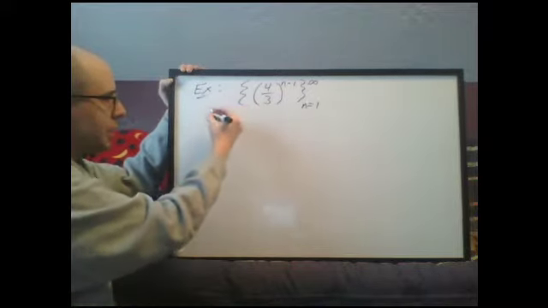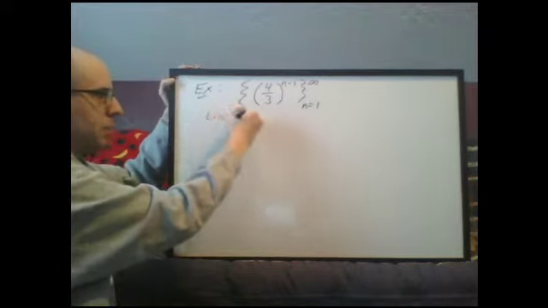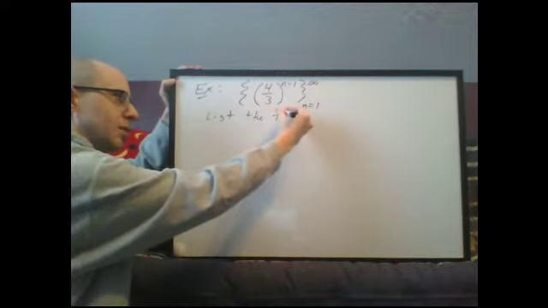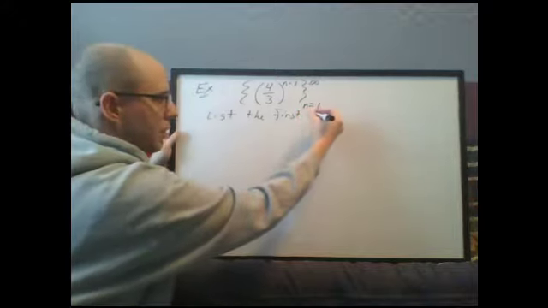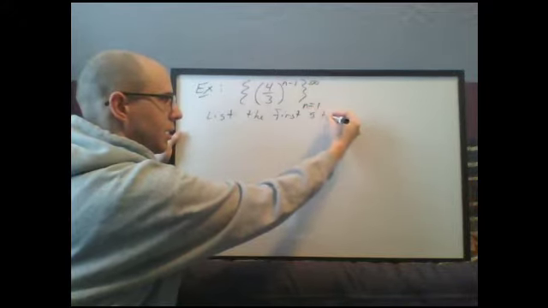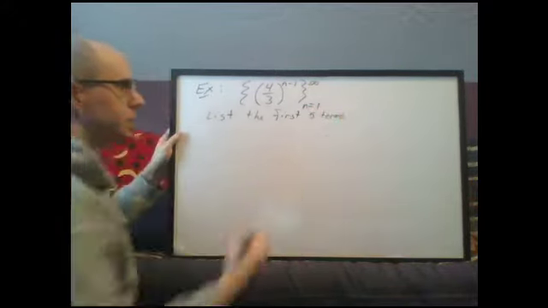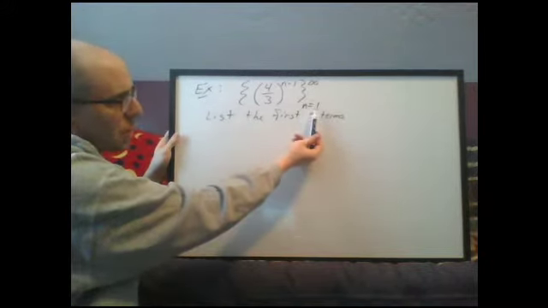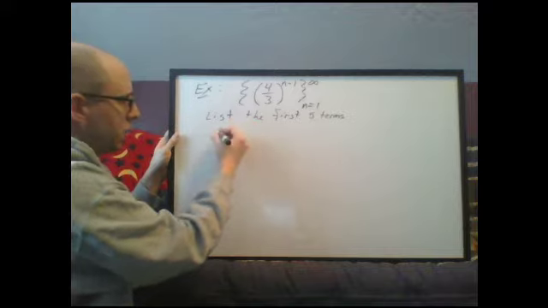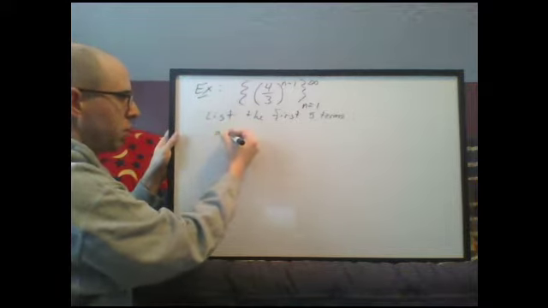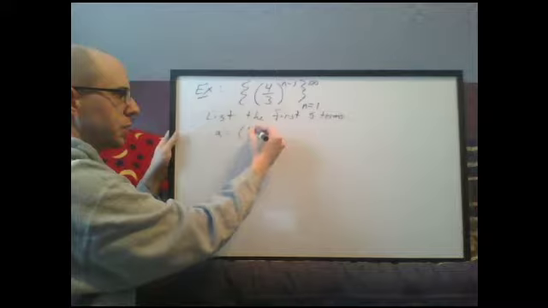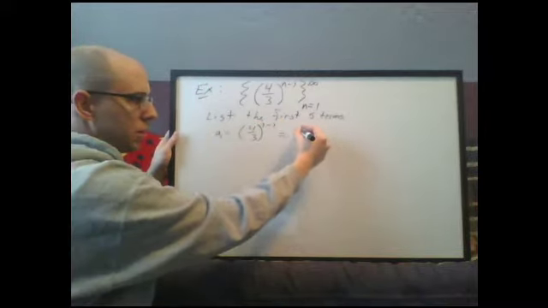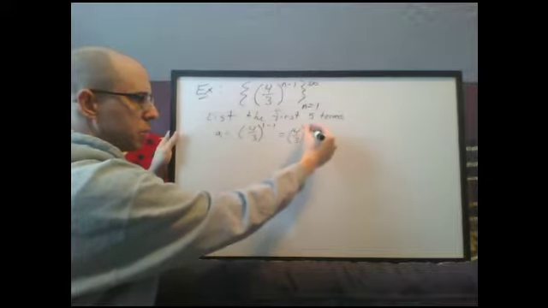If you want to list out the first, so some of our beginning exercises are things like list the first 5 terms of this sequence. All that means is we are plugging in, starting with n equals 1. So a1 here, if this is a_n, a1 would be 4/3 to the power 1 minus 1. So 4/3 to the 0 power, which would be 1.